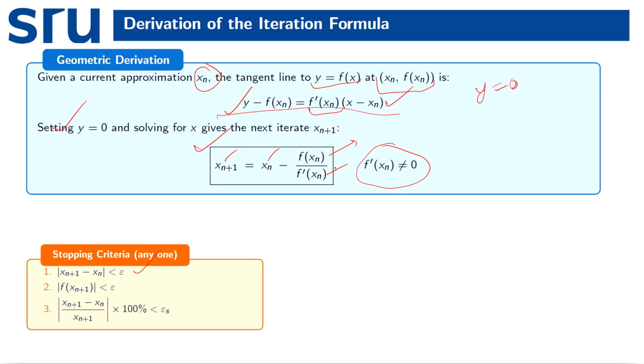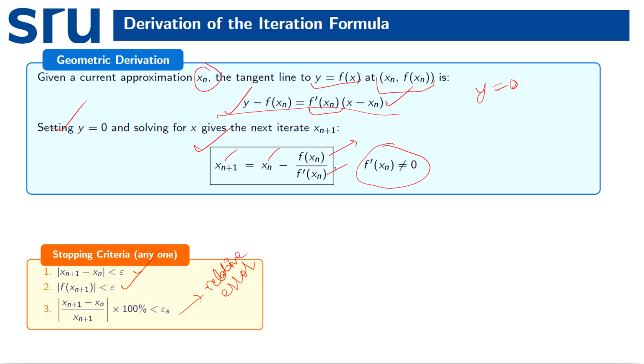Next is the value of the function becomes very small at the xn+1th iteration or any iteration, any approximated value actually. Then we stop. Or the relative error is small, that is, relative error E is less than epsilon s.